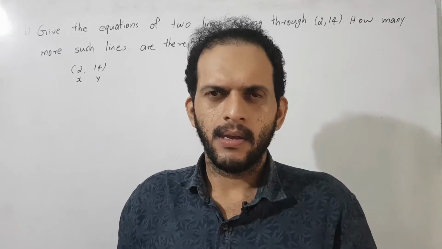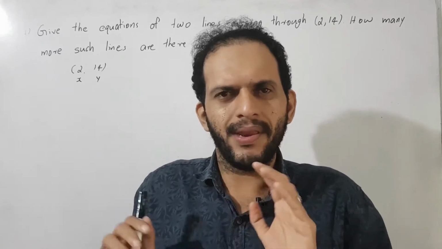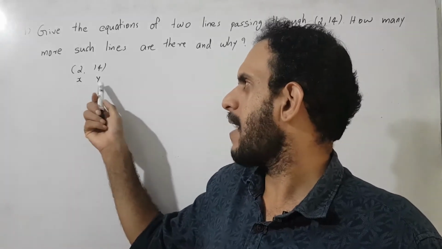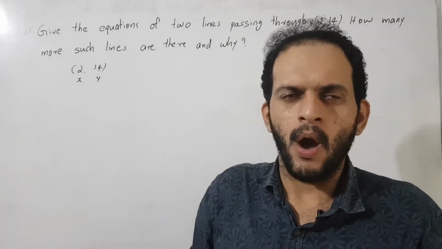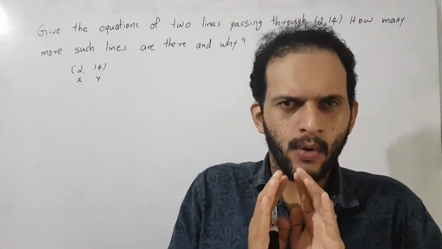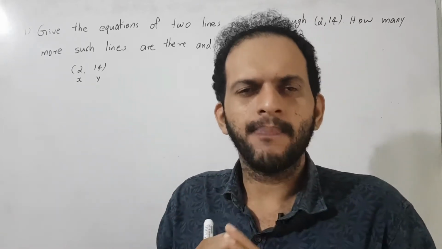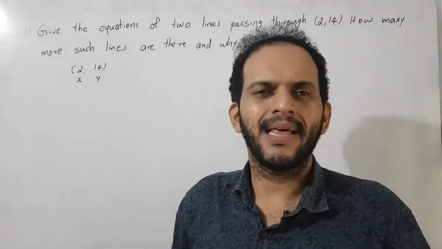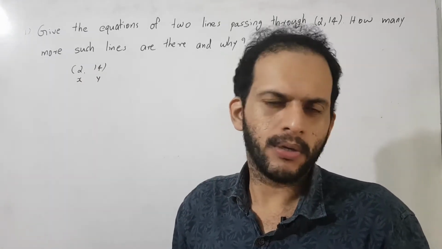Correct? So it is very easy. First we consider the two variables x and y. Whatever we do with x and y, the same we do with the 2 and 14. Then it is possible to make the equation.